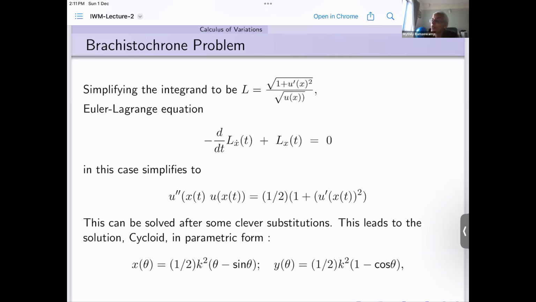Okay, the hint is you can multiply by u prime. So on the left-hand side, I keep everything in terms of u prime. So it will be u double prime by 1 plus u prime square into u prime. But u I don't want on the left-hand side, so I bring it to the right-hand side.